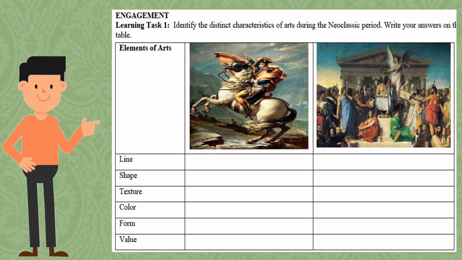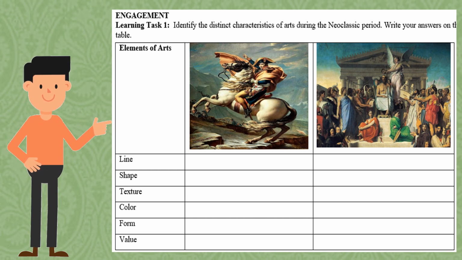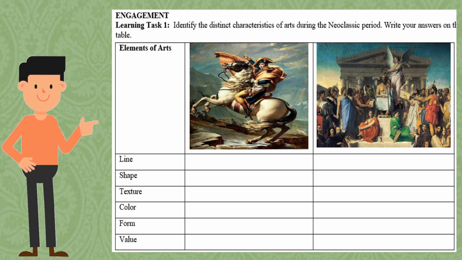Okay, so now we're going to proceed to our engagement. Learning task 1, directions: identify the distinct characteristics of the arts during the Neoclassic period and write your answers on the table. We have here two artworks, image number 1 is for David and image number 2 is for Ingres. All you have to do is fill out the table depending on your analysis.